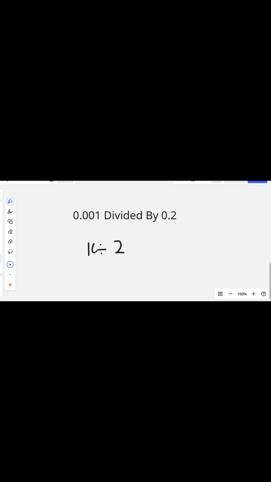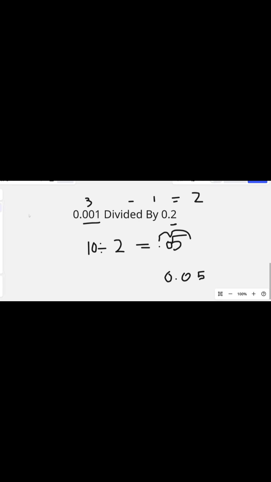We can say 10 divided by 2, which is 5. How many decimal places are we looking at? 3 and 1. 3 minus 1 is 2. So that's going to be 1, 2: 0.5.